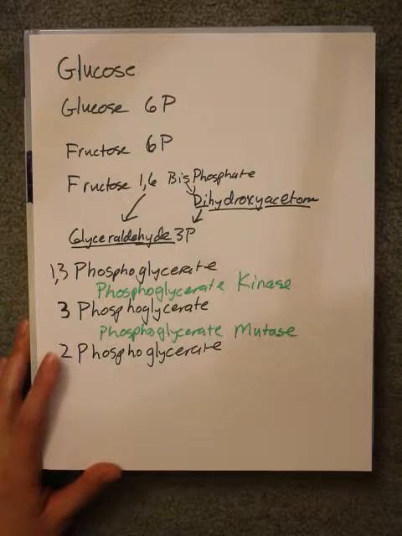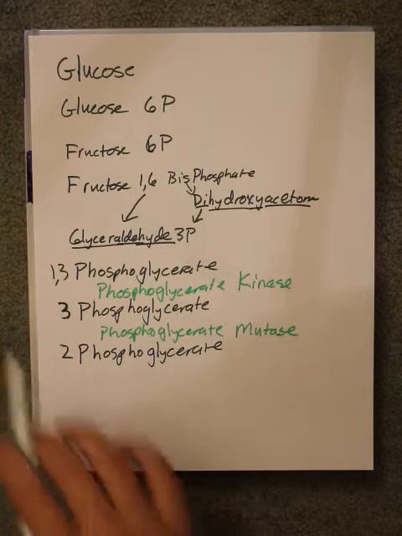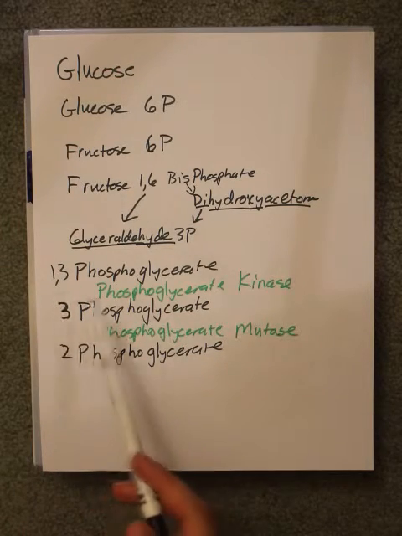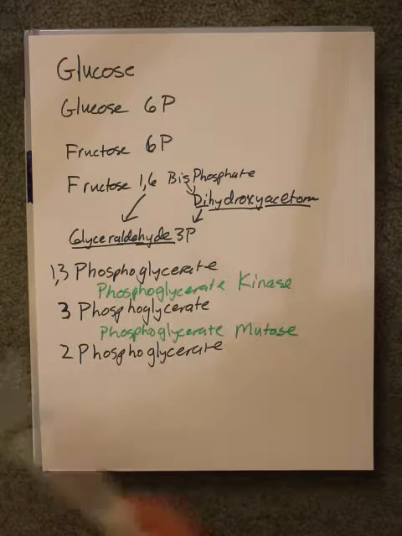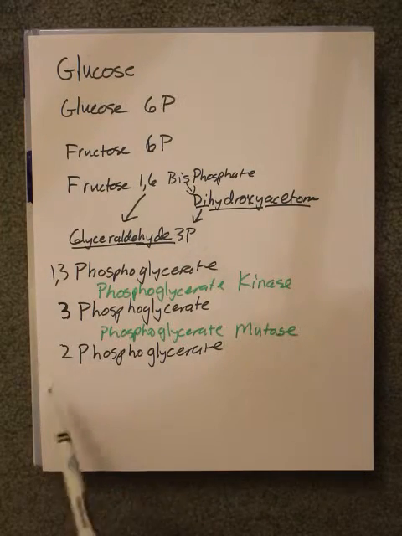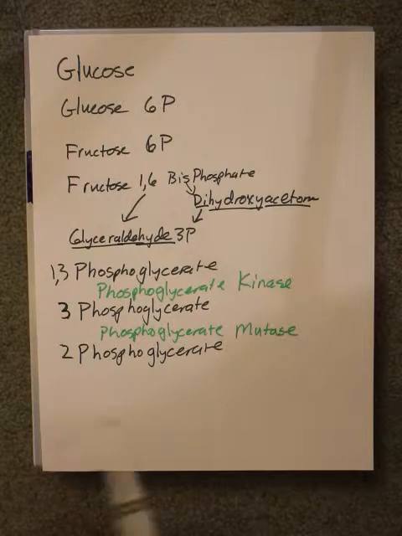Okay. So for these ones, literally you just do phosphoglycerate 5 times. And then you just add the little bits at the end. So 1, 3, 3, 2, kinase, and mutase.